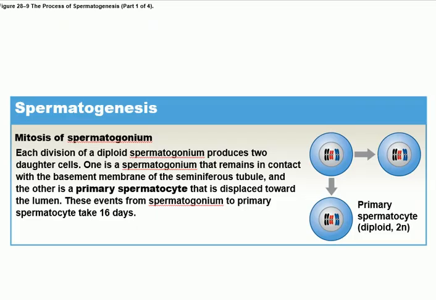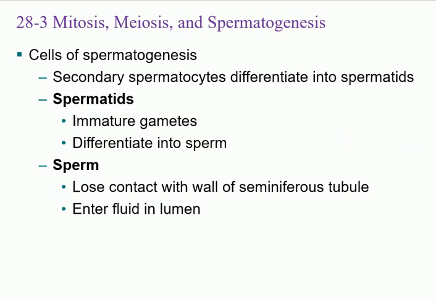Okay, here is primary spermatocyte, and this is mitosis. So it starts with 46. What do you have in a primary spermatocyte? 46. Still. Secondary spermatocyte, 46. And then the spermatide, which is immature gametes. And then the mature one is called sperm. Sometimes we call it spermatozoa.